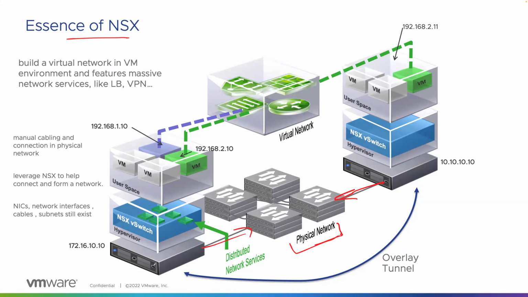But on top of that, we install NSX, and NSX simulates, or virtually builds up, a lot of network components and network services. For example, by using NSX, we can create a virtual router, virtual switch, virtual load balancer, virtual firewall.